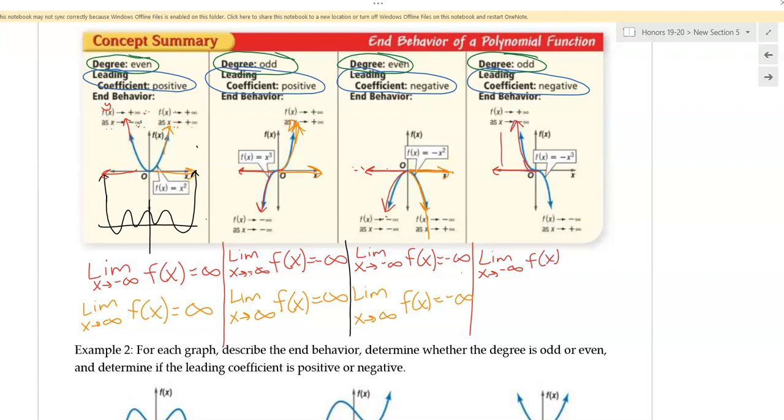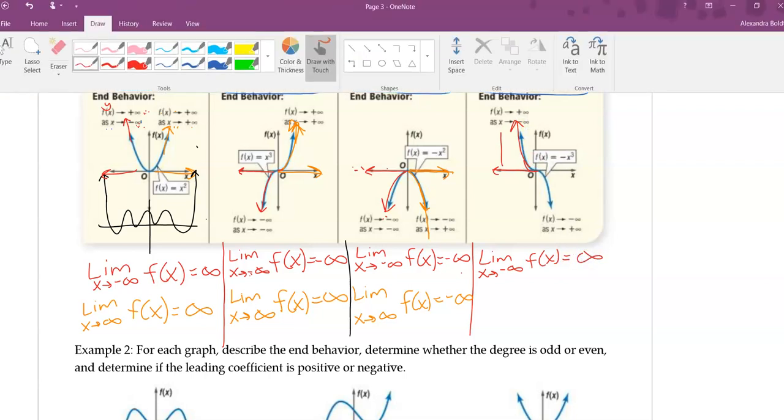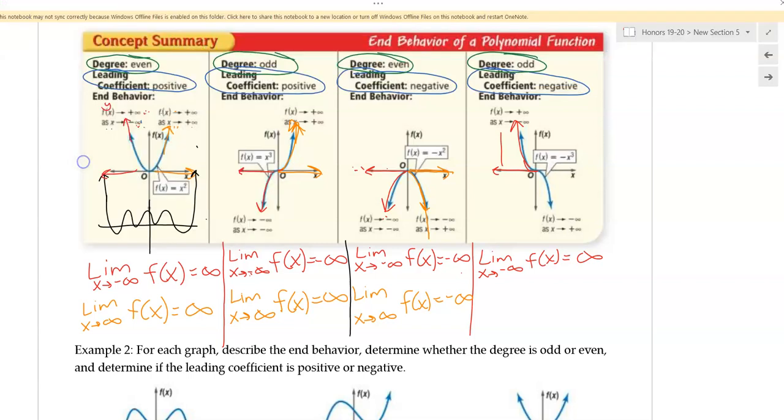It's going up forever. Up is positive. The limit as x approaches positive infinity, as I go right forever, of f of x, well, my graph is going down forever.